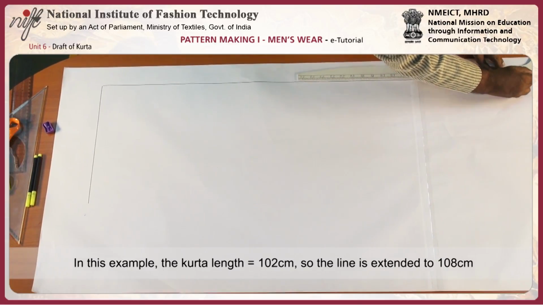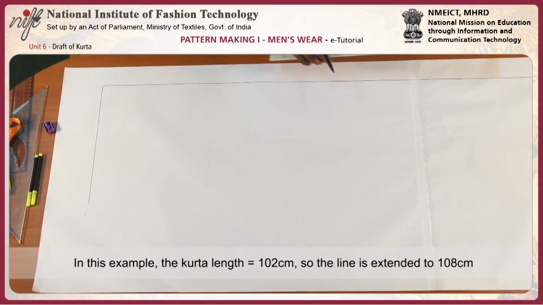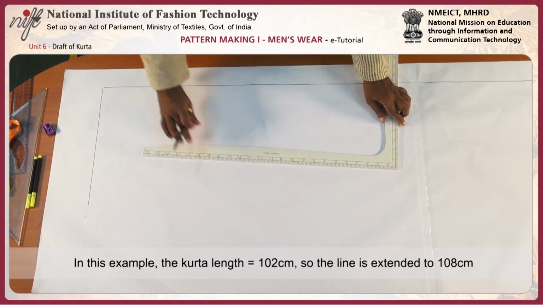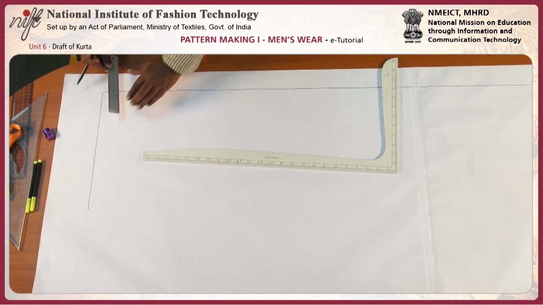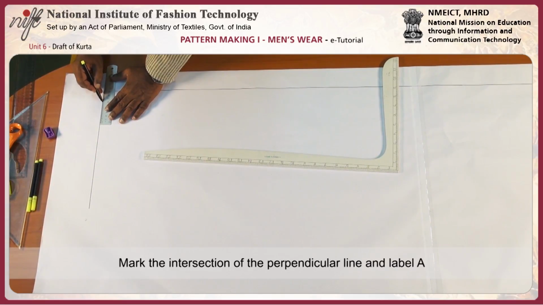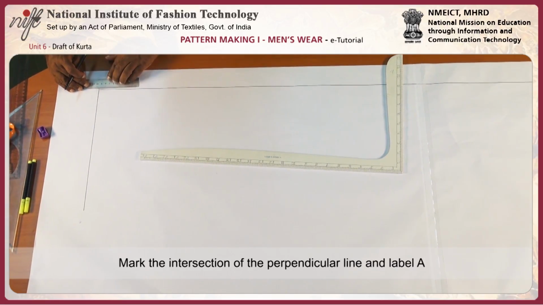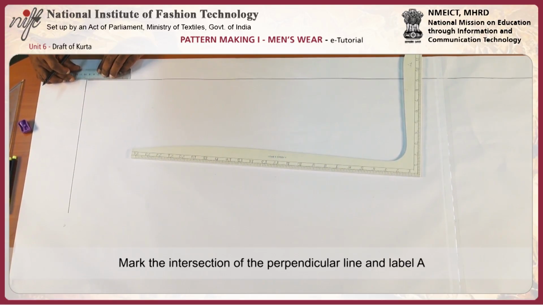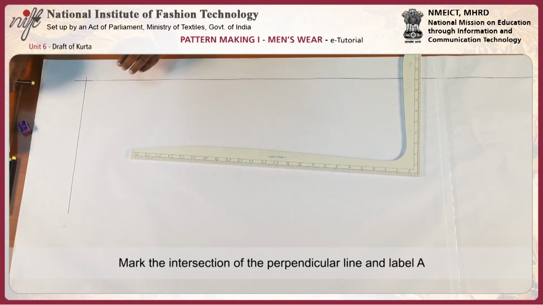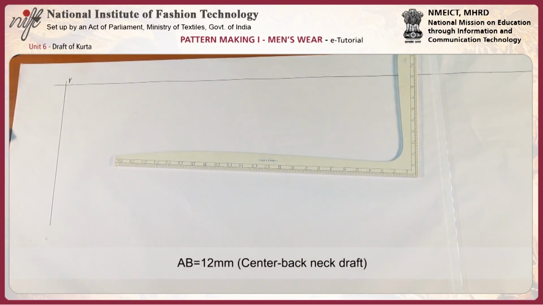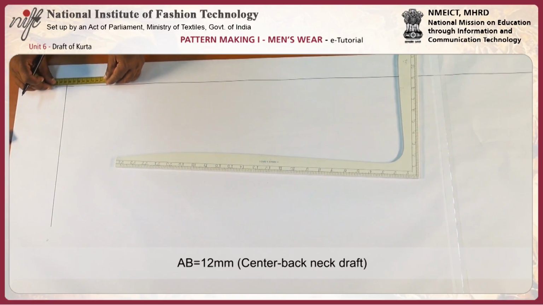So I extend up to approximately 108 centimeter. Take proper intersection on the perpendicular line and label A. A to B center back neck drop 12 mm.